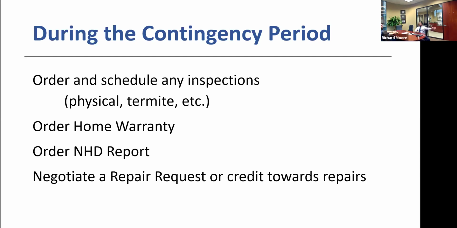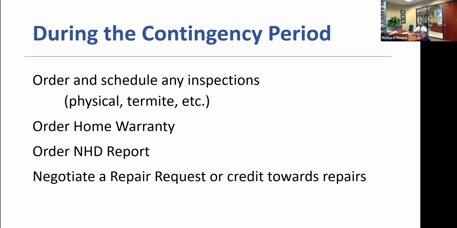Then the seller could either say, sure, we'll fix it, or no, we're not going to fix it. Or we're going to give you a credit in lieu of the repairs, so that way you can fix it after it closes. Or they might do a combination of both: we'll fix these things, but we'll give you a credit for this other thing. Then you negotiate.